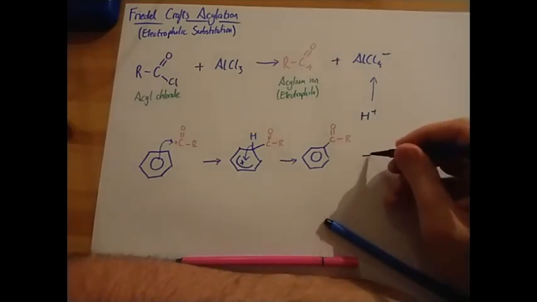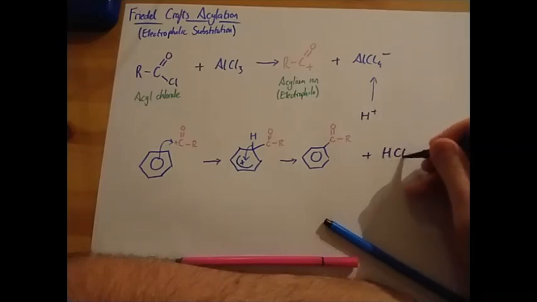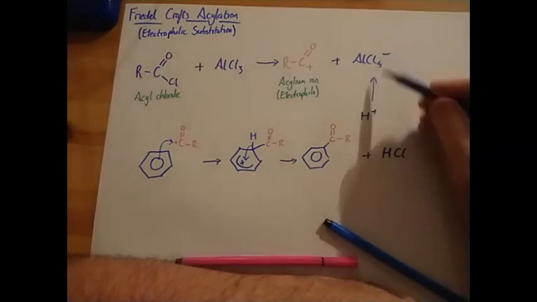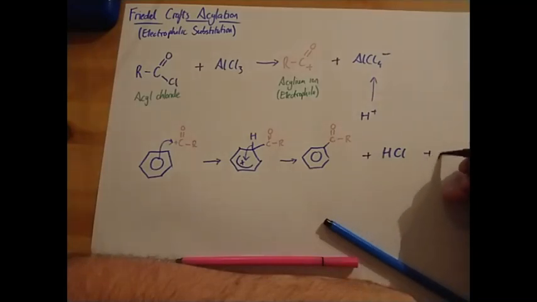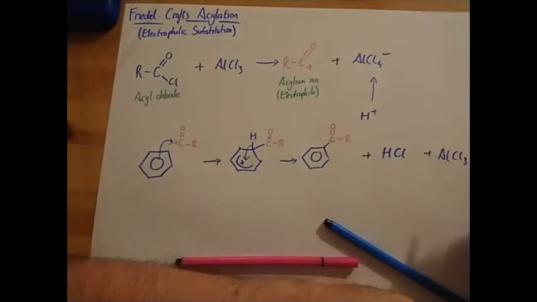So what we end up producing is HCl, because that Cl that we added onto that now comes and joins our hydrogen, and the AlCl3.